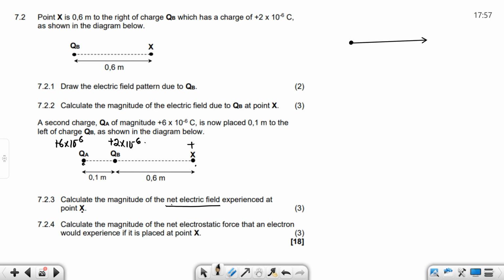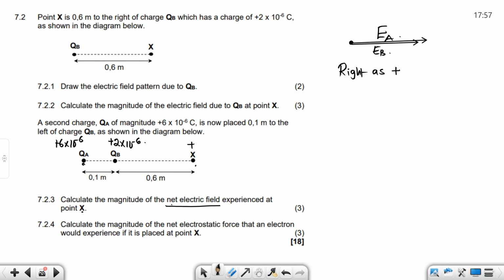And we are looking for E, electric field. So E of A. What about B? B is positive. X is also positive. They are also going to repel. Okay. Now what do you do from here?